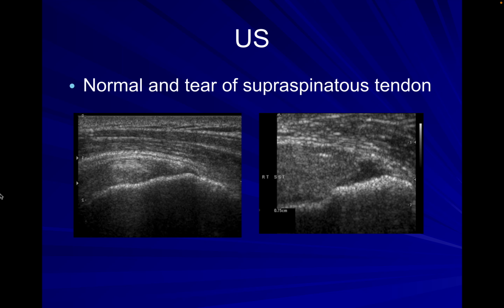You can see some nice linear, continuous, sharp white lines, and then on the right there you can see it's a lot less continuous and linear, a lot more boggy and edematous looking. And we'll review in class more of the language and terminology that we use to describe these things and some of the basic skills of point of care ultrasound.